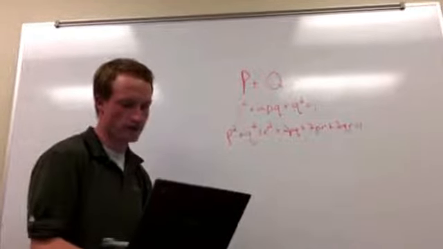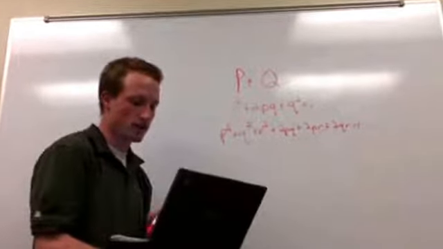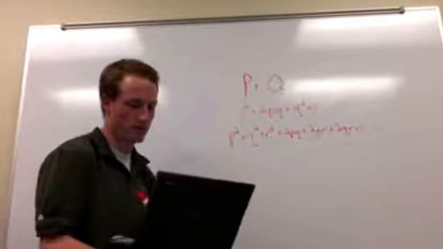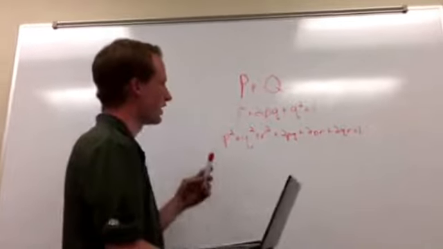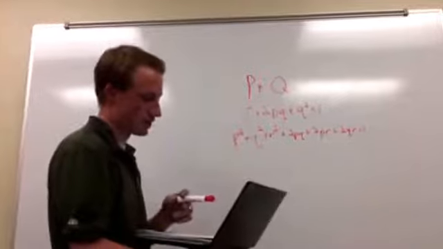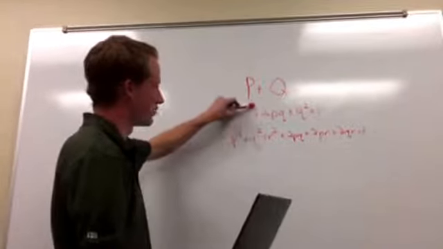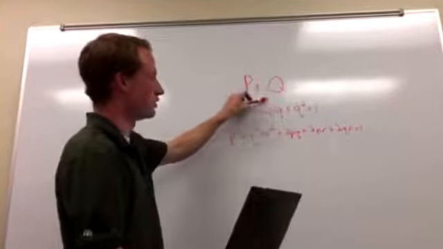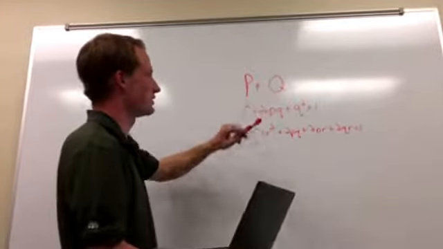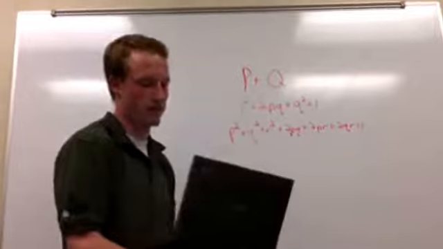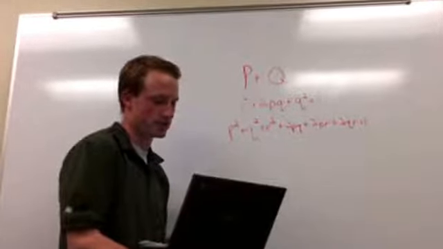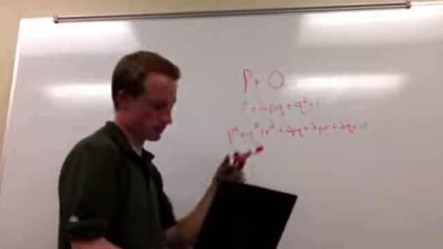The 1 in 4,000 individuals in the population affected by this syndrome is represented by this term. Because this is autosomal dominant, we're looking at not only the p squared but the 2pq as well, because both of these genotypes are going to display the phenotype for DiGeorge syndrome. So that's the answer to these two.